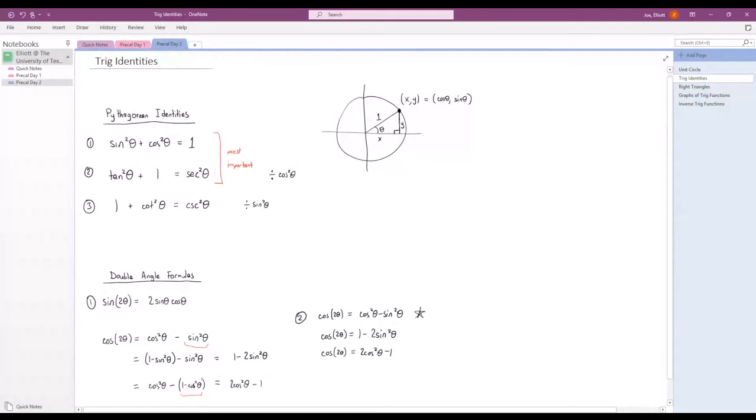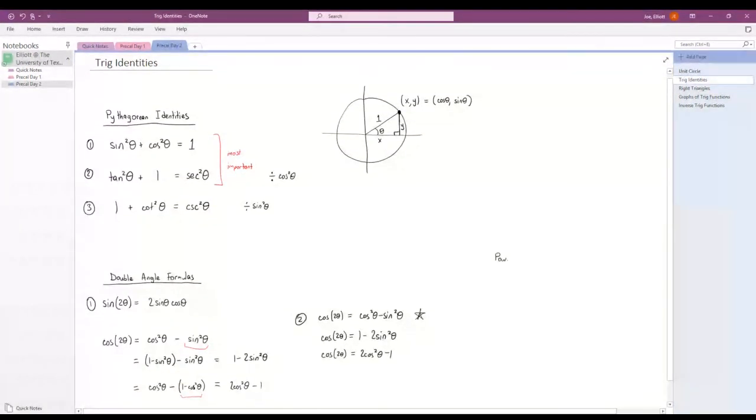All right, and then there's one more set of formulas which I think are useful to know. These are more useful when you get to the integration part of calculus. They're usually called the power reducing formulas.